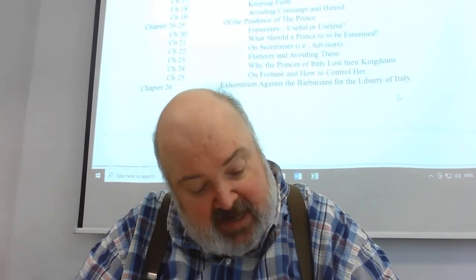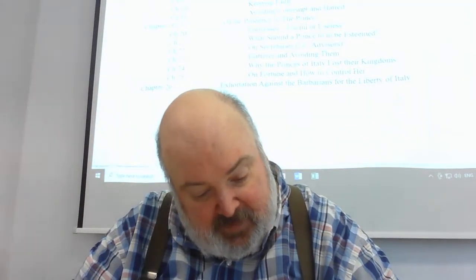And the other example is the intellect. What should you do? This is paragraph 5 on page 90 of this chapter. But it is the exercise of the intellect. The prince ought to read histories and to consider the actions of excellent men, to see how they govern themselves in wars, and to examine the causes of their victories and losses, in order to avoid the latter and imitate the former.